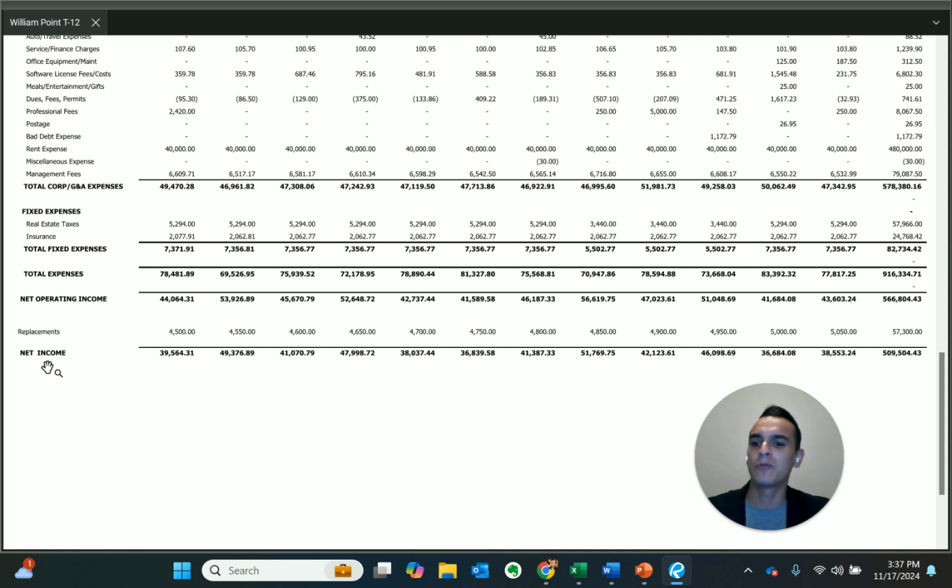Now, net income is what we're actually going to be taking home from this property, from this investment. So even though the 57,300 isn't counted as net operating income, you still have to pay it out of pocket. So we're saying the net income is 509,504.